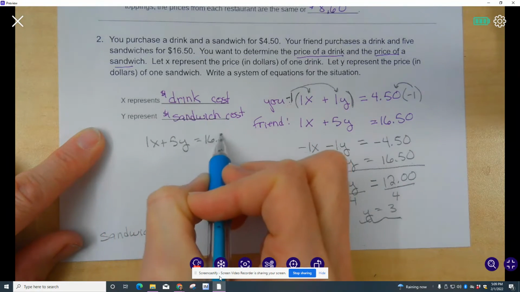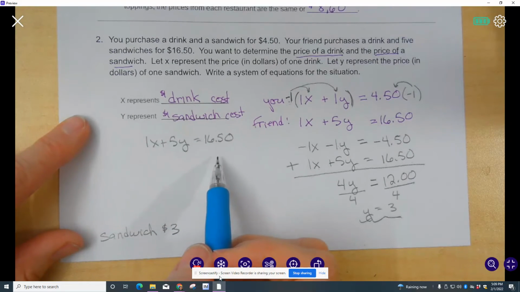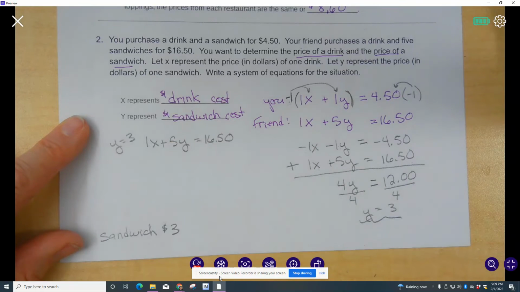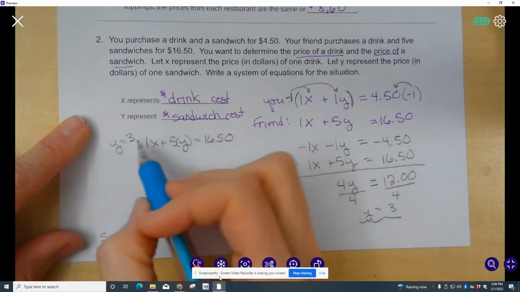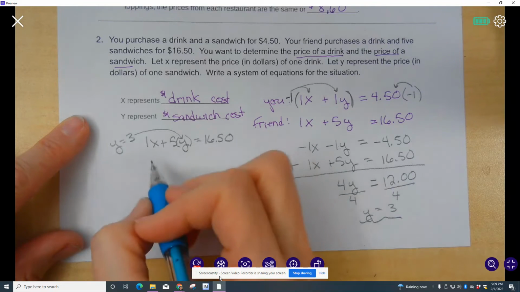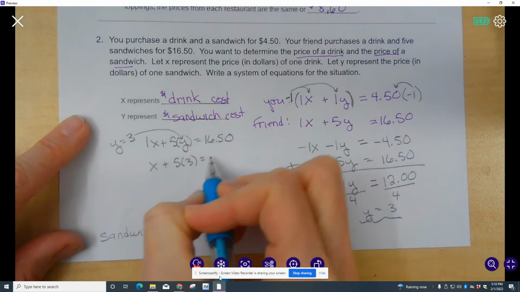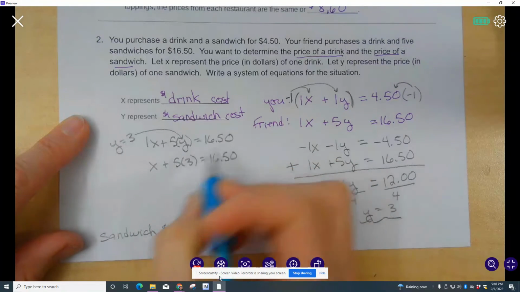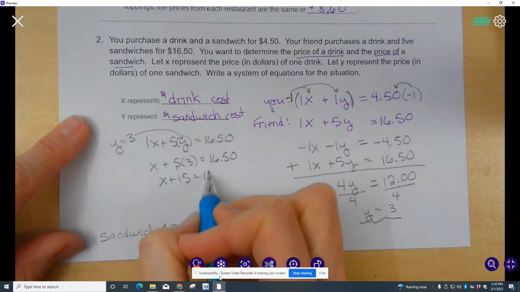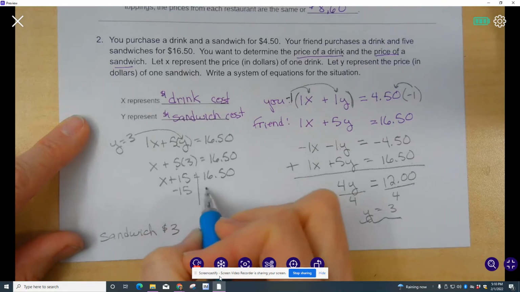I should have chosen the other one with the 450. Oh well, I chose this one. So remember, I'm solving for X, and I know that Y equals 3. So I'm going to substitute or replace the Y with 3. So it's going to become X plus 5 times 3 equals 1650. 5 times 3 is 15. X plus 15 equals 1650, minus 15 from both sides.